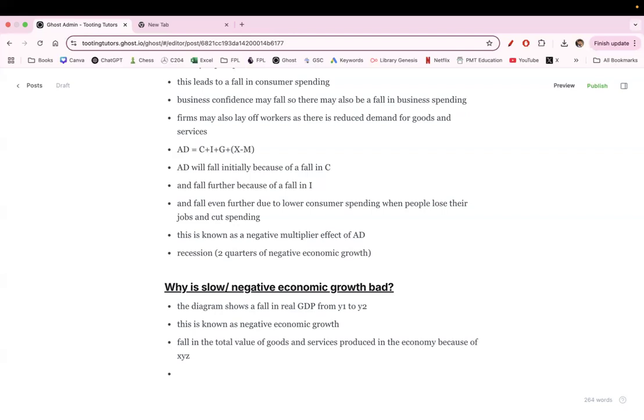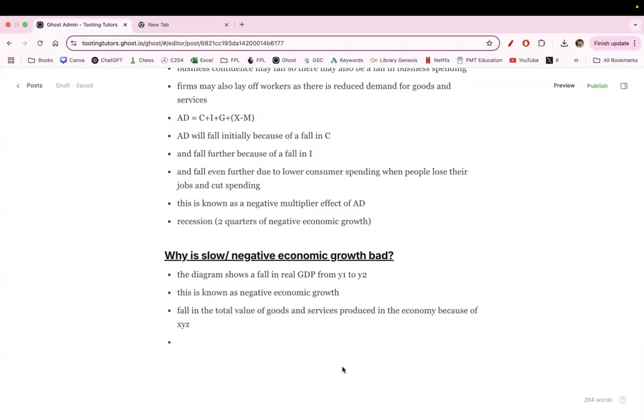So whatever the question was talking about has led to this. Again, why is that bad? How can we expand further? Don't overcomplicate it. It's something quite simple if I tell you. Why would it be bad for us to have to produce less and less goods and services?